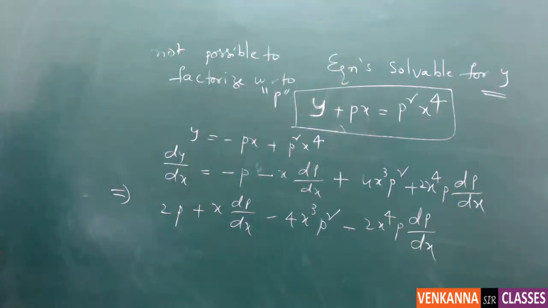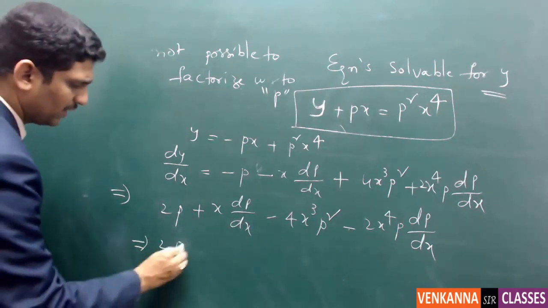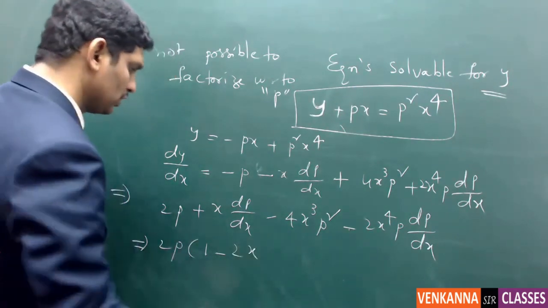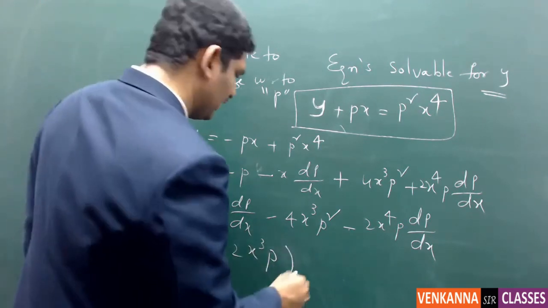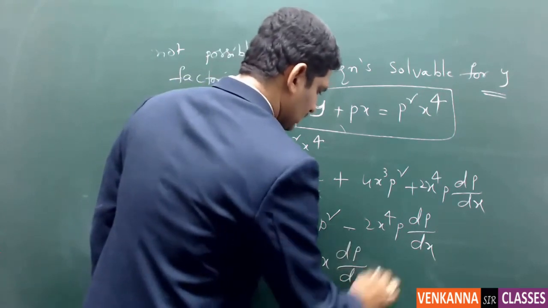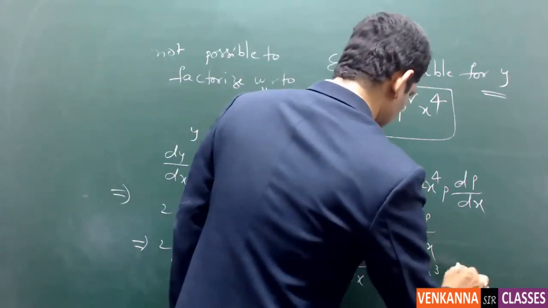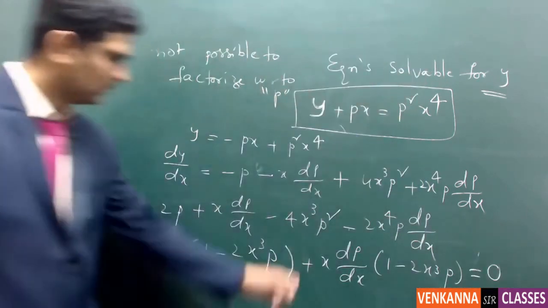Now I am going to take the terms as common. If I take 2p, so 1 minus 2x cube p, and here if I take x into dp by dx, it is 1 minus 2x cube p into dp by dx is equal to 0. Please check.